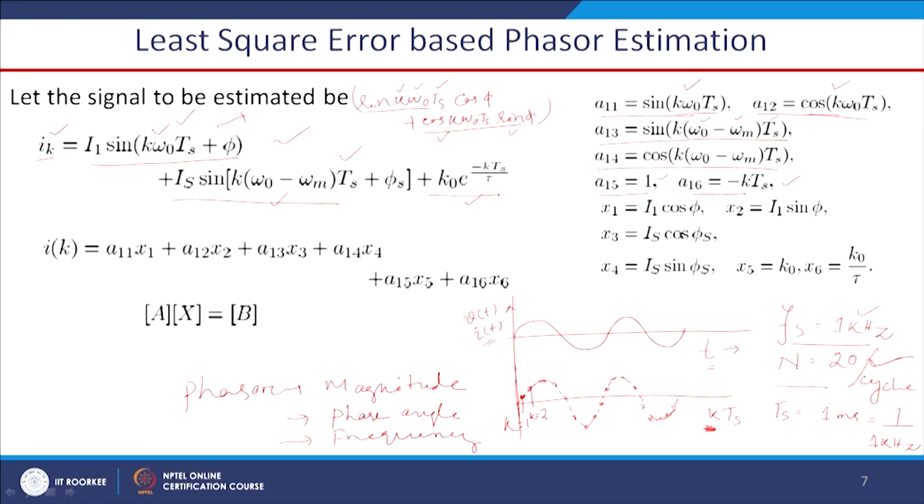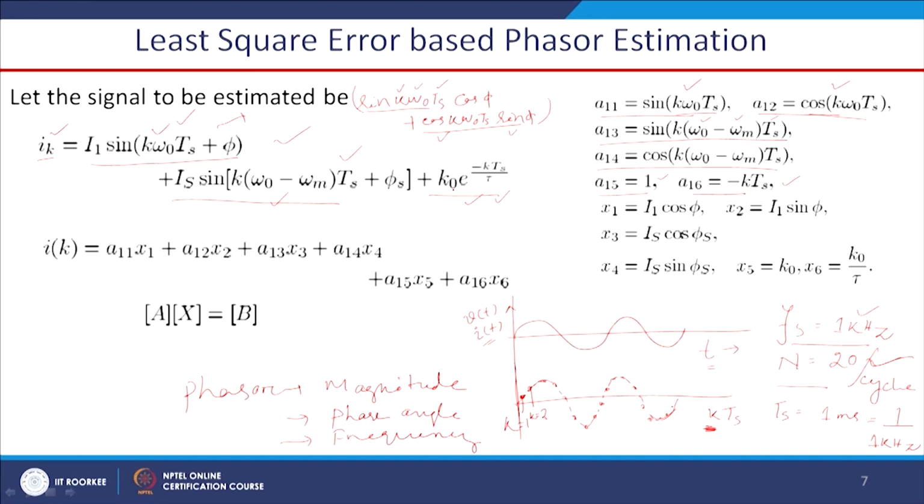If you see the last term of this equation, that is k0 e to the power minus kTs by tau, that is basically the exponential term, the exponentially decaying DC component of the current signal. I just want to open this.